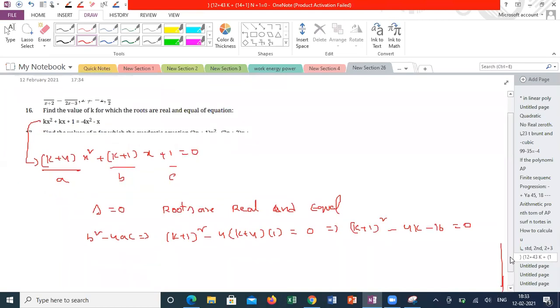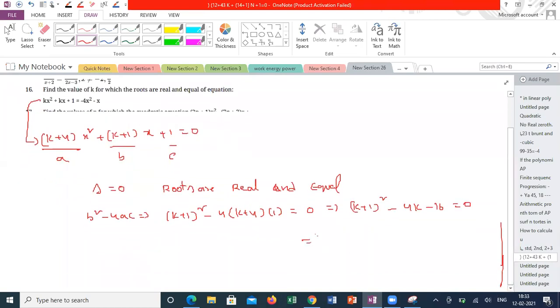So again I'm getting a quadratic equation in terms of k. If I solve it, what do I get? k squared plus 2k plus 1 minus 4k minus 16 is equal to 0. This is k squared, 2k minus 4k is minus 2k, and 1 minus 16 is minus 15.